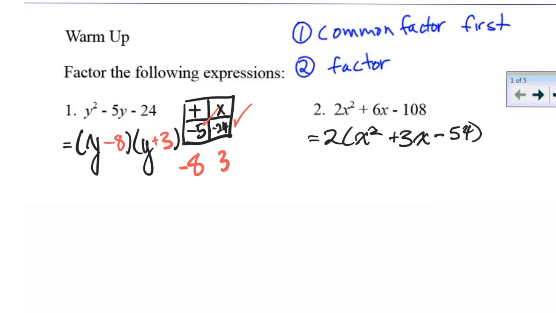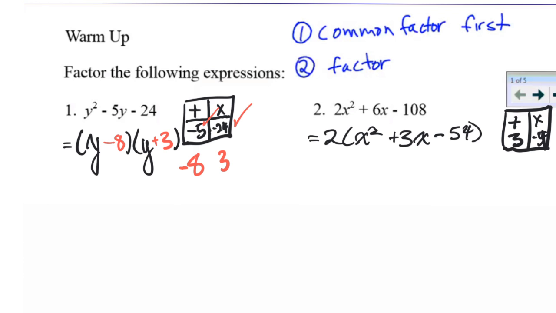What we're looking for is a pair of numbers that multiply to negative 54 and add to positive 3.